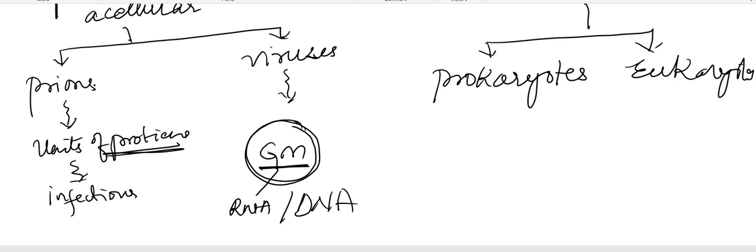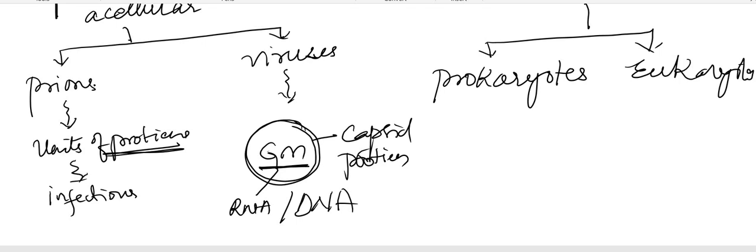Then this genetic material, or you can say nucleic acid, is covered by a cover which is known as the capsid. Now what is a capsid? This capsid is made up of protein basically. So you can say that viruses are just organisms which have genetic material covered with a protein capsid, sorry, not capsule, capsid.